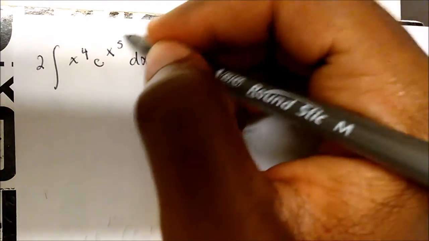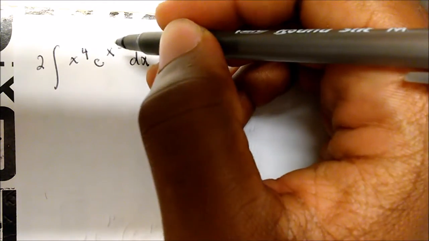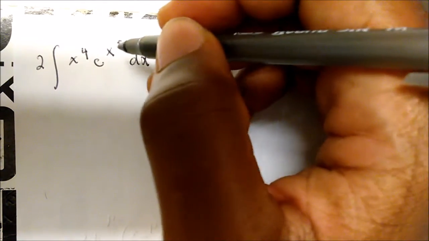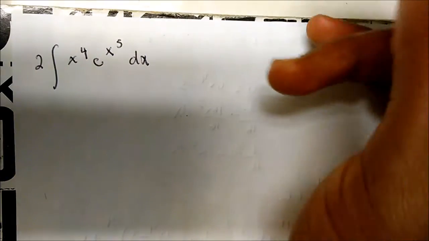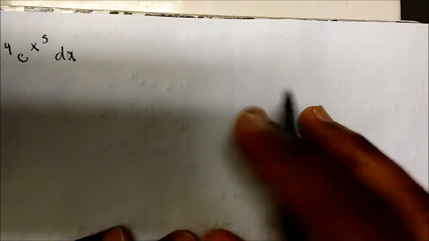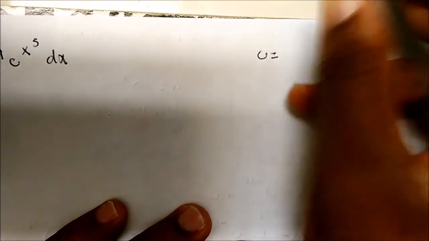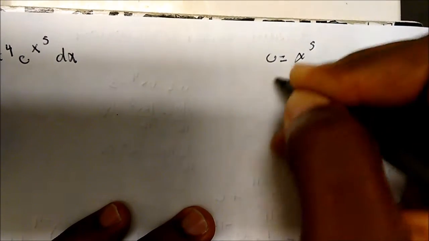2 times x to the 4th times e to the x to the 5th. All right, again, I'm going to set my u to x to the 5th. And the reason being is that when I take the derivative, I'm going to have x to the 4th with some constant, which I don't care about. We could fix constants, right? So in this case, my u is going to be equal to x to the 5th.